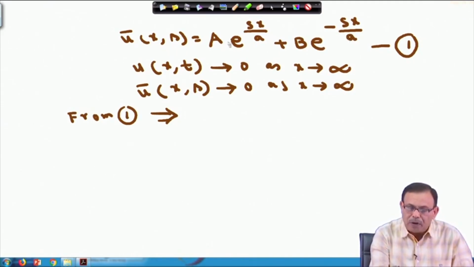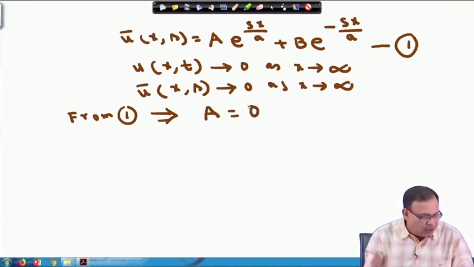So, e to the power s x by a cannot be 0, therefore, your A is equal to 0. So, one coefficient's value you obtained, that A equals 0, by substituting u bar x s approaches 0 as x approaches infinity in equation 1.